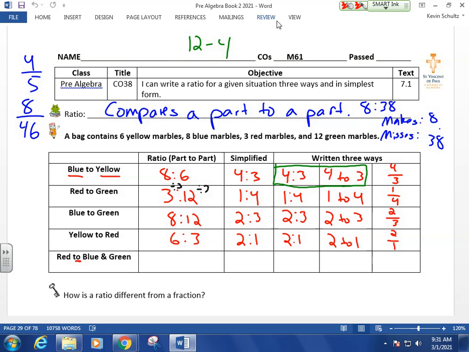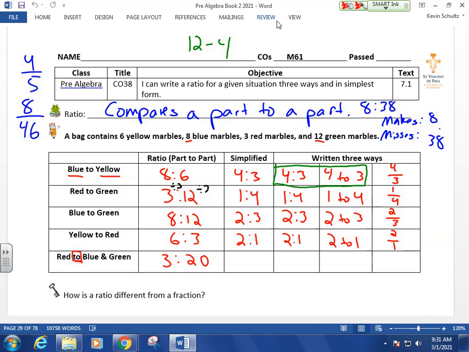So we've got 3 red. And blue and green together, 8 blue, 12 green. Total, we've got 20 blue and green marbles. So this ratio would be 3 to 20. And you can tell, like I said, kind of where that separation point is between the 2 parts with that word "to."